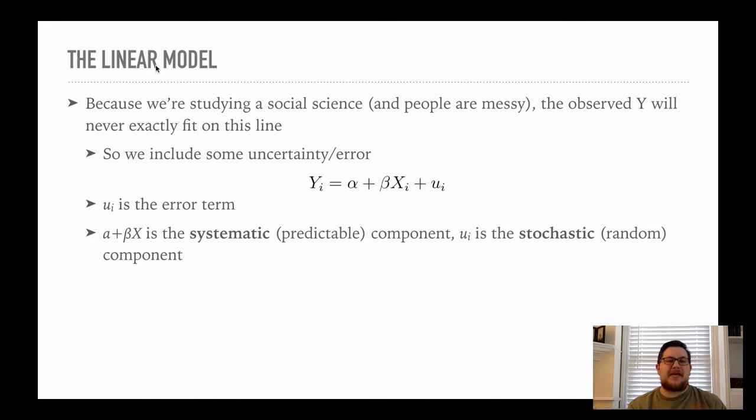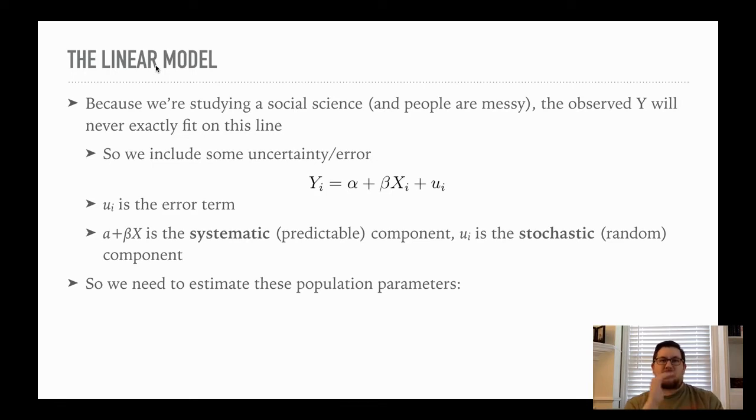So alpha plus beta x is the systematic or predictable component. You can plug in a value of x and spit out a value of y. U sub i, that error term, is what we call the stochastic component or random component, okay? So we need to estimate these population parameters. That's the whole goal here, right? We want to estimate beta, the regression coefficient, the effect of X on Y.